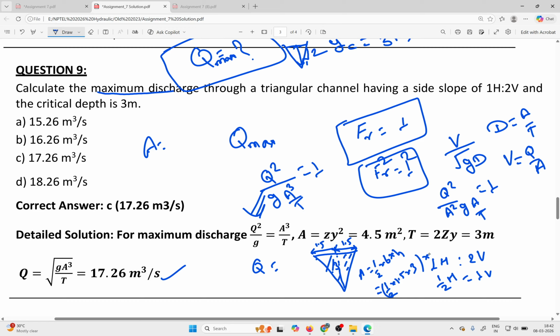The 2 will cancel out, and 1.5 times 3 comes to 4.5. Similarly you can calculate the T value. T is nothing but your top width. So what is the top width? As you have calculated 1.5 and 1.5, T is 3. So everything is in your hand, now you can very easily calculate.